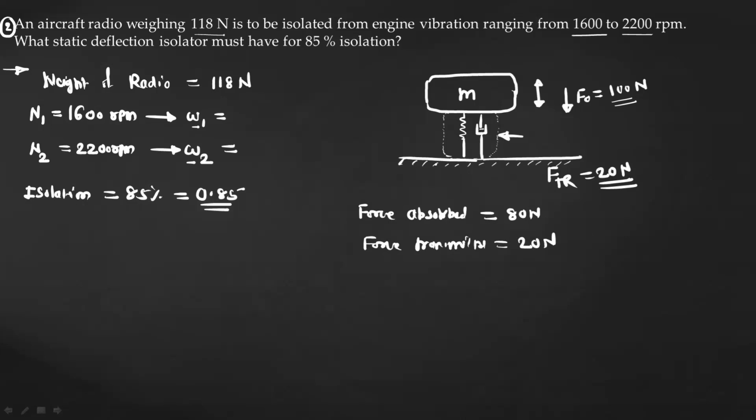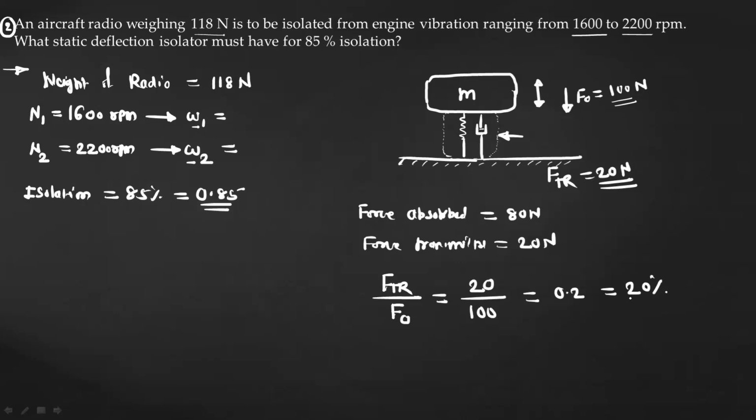So for this case, if you find out the transmissibility, it is the force transmitted upon the external force, equal to 20 upon 100. So this will be 0.2 and this is nothing but 20%.